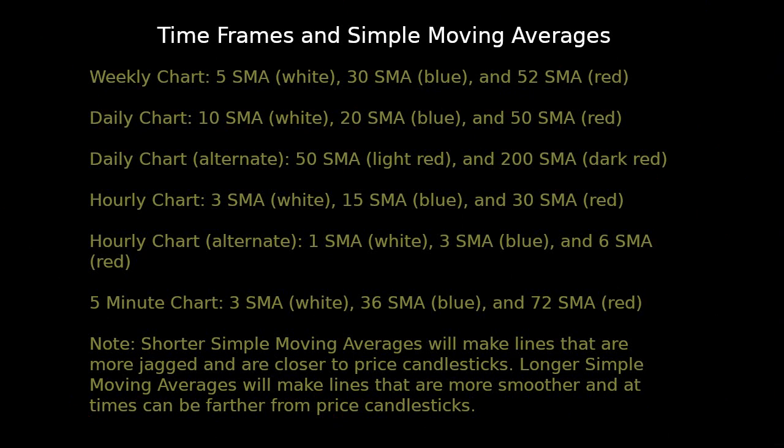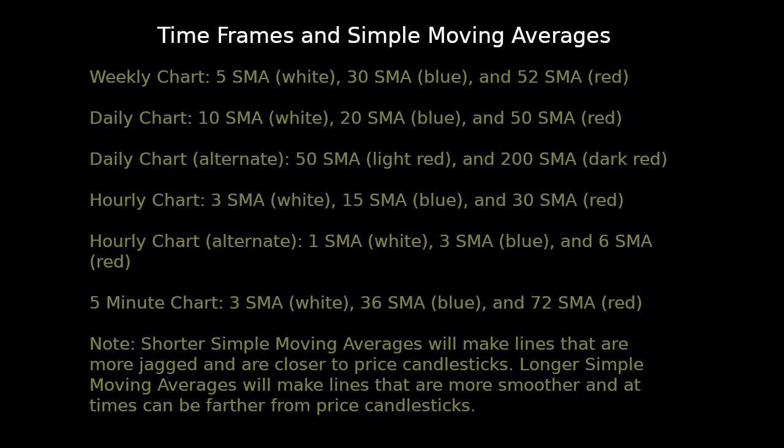For the weekly chart, I use a 5 simple moving average colored white because there are 5 weeks in a month, a 30 simple moving average colored blue because there are 30 weeks in 6 months, and a 52 simple moving average colored red because there are 52 weeks in a year.